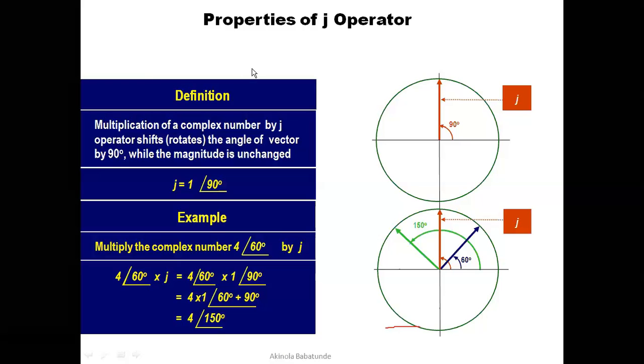So J by definition is given as 1 with phase 90 degrees. J equal to 1 phase 90 degrees.